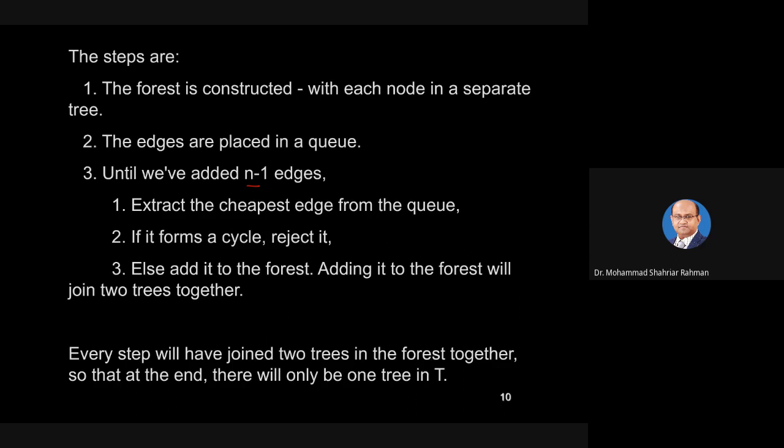Initially, of course, we'll have single node trees, and then once we connect, we may have trees with larger depth. So at the end of the process, we'll have a single tree.